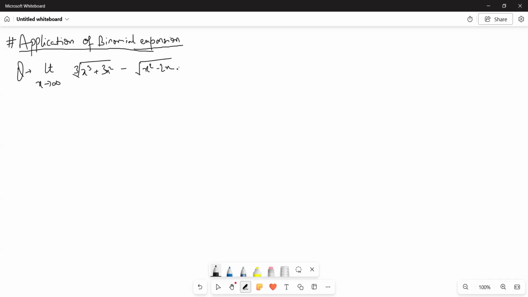Since it's a limit extending to infinity, can we just go ahead and do it by the coefficient of the highest power method? One minus 1, 0.